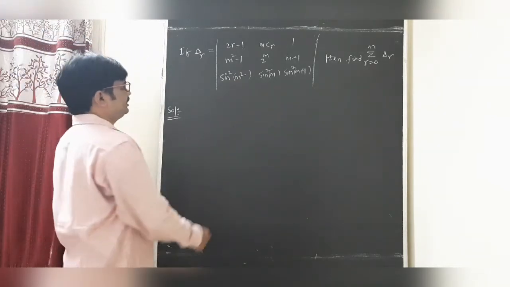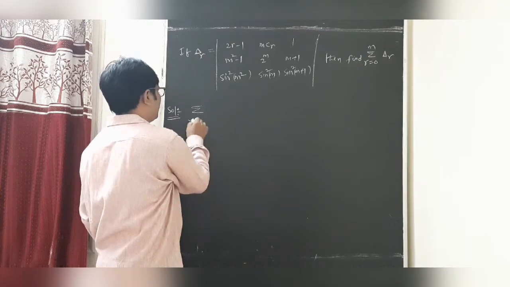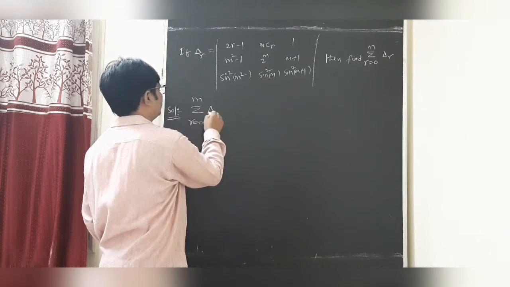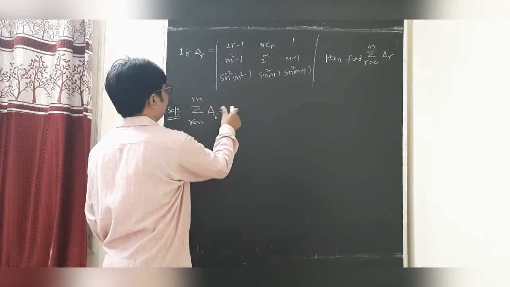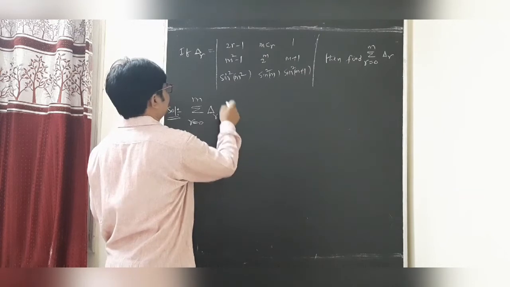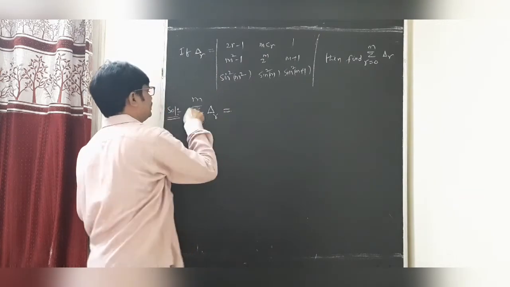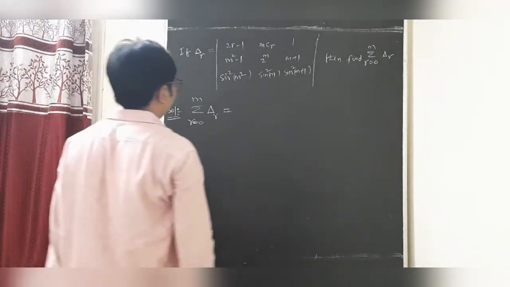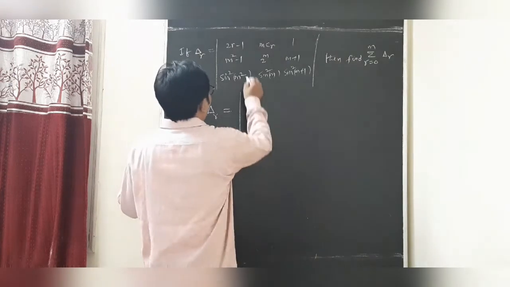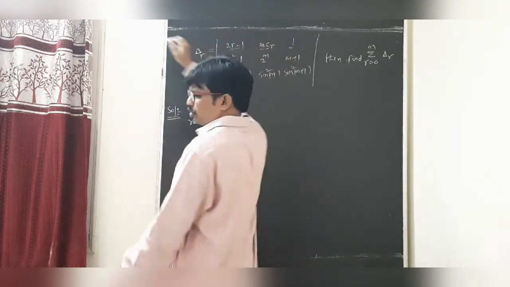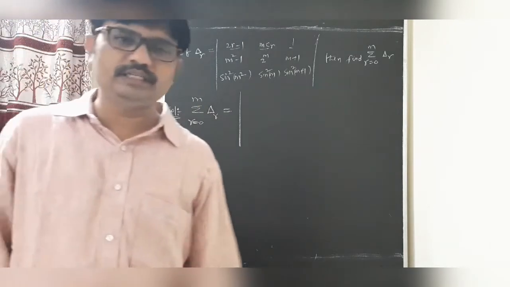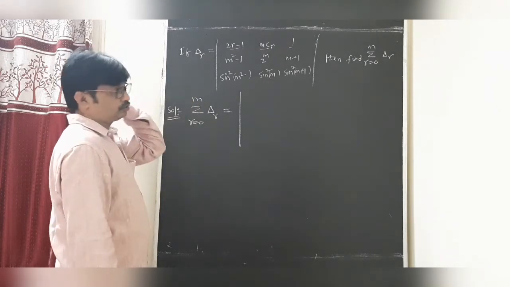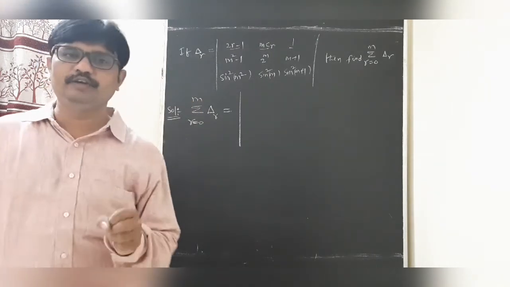Undoubtedly students, when we have to find the sigma r equal to 0 to m delta r, we can apply on both sides, sigma r equal to 0 to m, 0 to n. So yes, when r is there, only the first row. The r term is here, r equal to 0 to m delta r. So the r term is containing only the row 1.